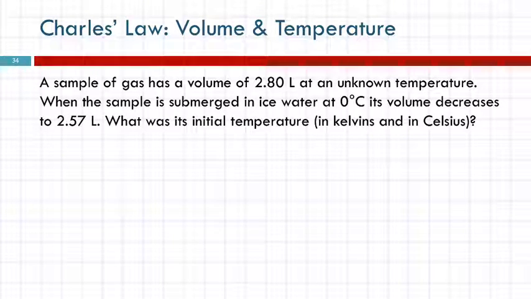Doing problems. A sample of a gas has a volume of 2.80 liters at an unknown temperature. When the sample is submerged in ice water at 0 degrees Celsius, its volume decreases to 2.57 liters. What was its initial temperature in kelvins and in Celsius?